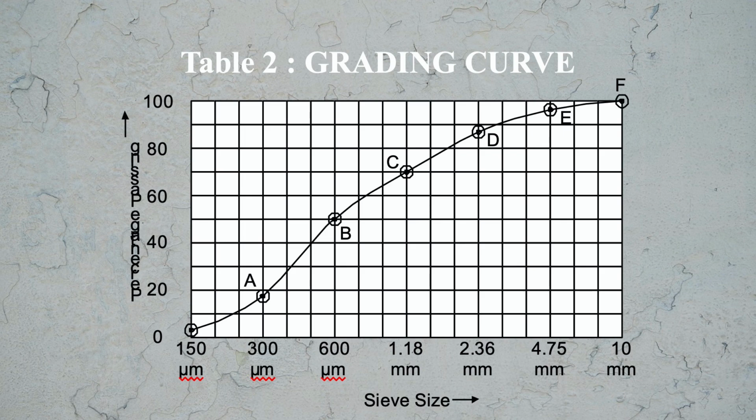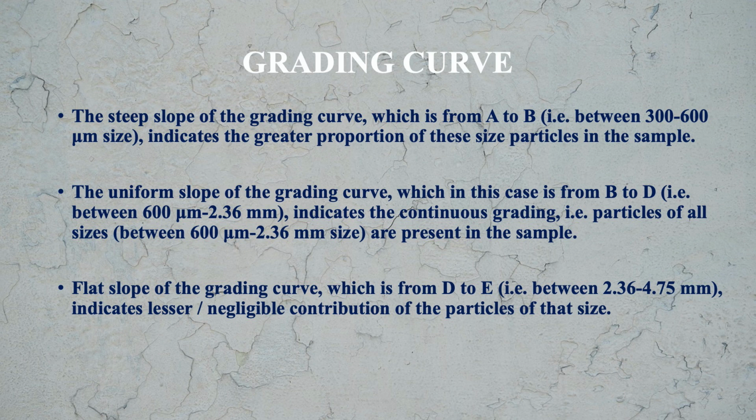Now let us move to the flat slope of the grading curve, which is from D to E, between the sieve sizes of 2.36 mm and 4.75 mm. It indicates a lesser or negligible contribution of particles of that size.